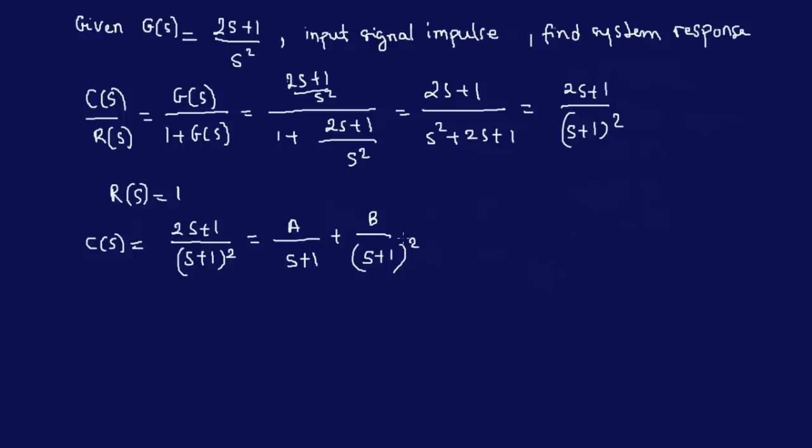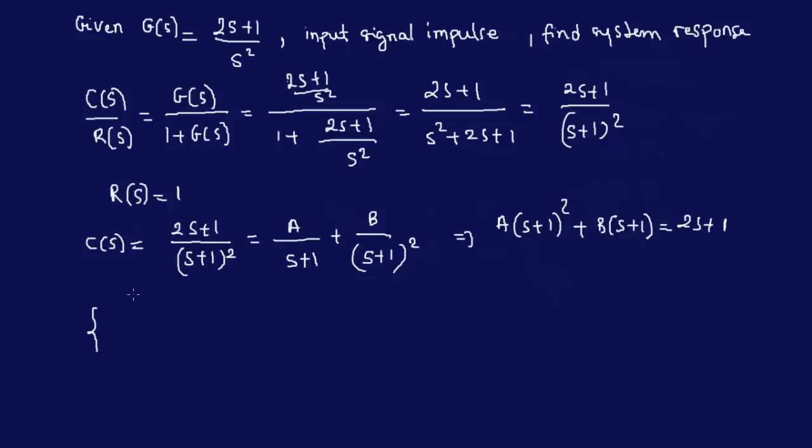Okay, so now partial fraction. Typically when you're dealing with a square, you have to assume that s is some number. So you have A(s + 1) + B = 2s + 1 as the numerator here.